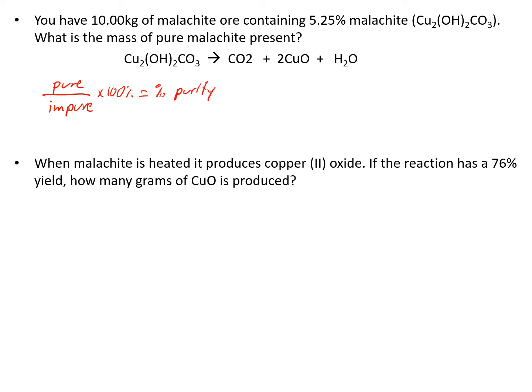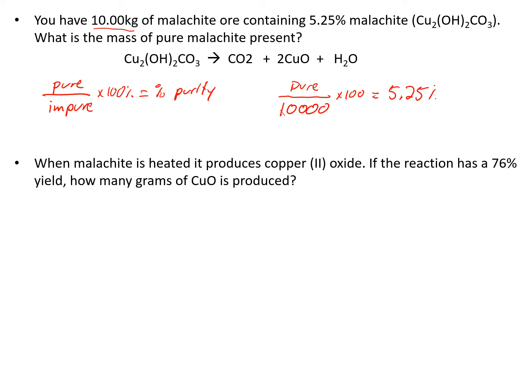Okay, I'm going to plug in my numbers. I know what my impure is, 10 kilograms, so I'm going to change that into grams: 10,000 grams. Now I want to find my pure malachite times 100, and my percent purity is 5.25%.